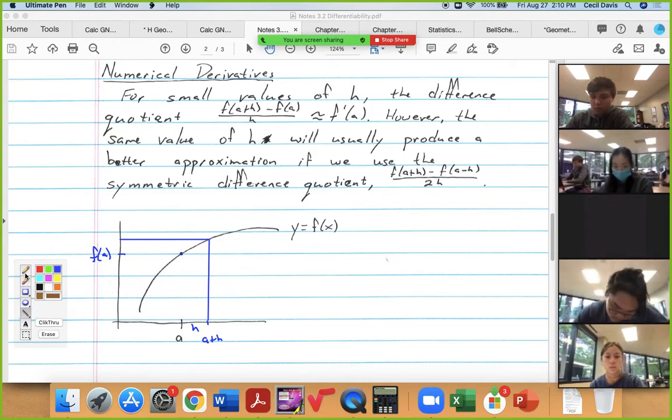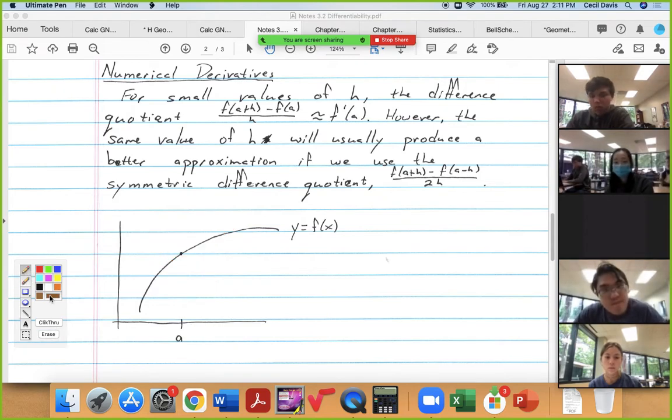So if I was to connect these 2 points, let me use a different color. It looks sort of like this. Do you see how that's not quite tangent to the curve? It's actually a little bit below the curve over here. And I tell you what, I'm going to make that further away so that you can see it. I'm going to make h bigger.